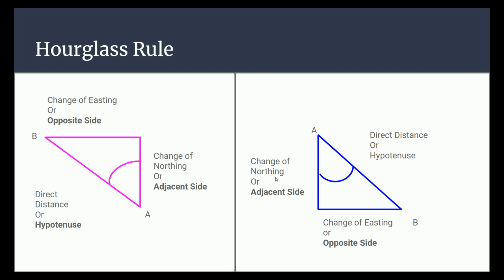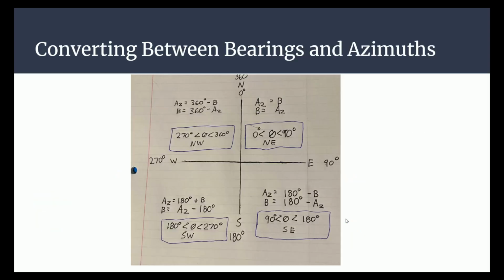Adjacent will always be northing if you're doing the hourglass rule. The change of easting will always be on the opposite side. I'm going to cover SOHCAHTOA in a later session. It's just rules of finding the missing parts of a triangle.